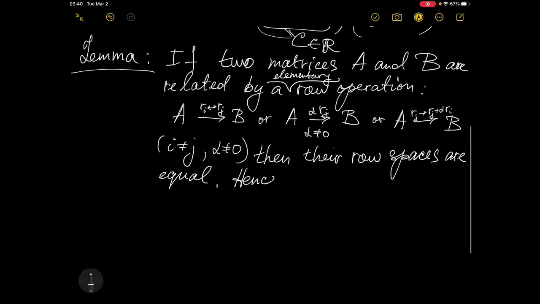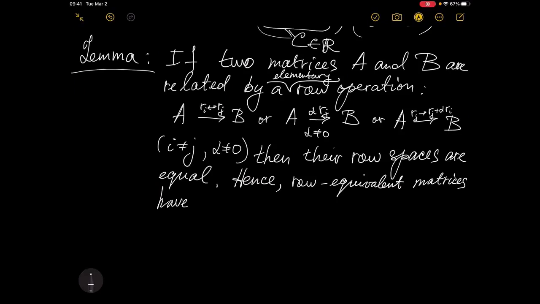Hence, row equivalent matrices have the same row space and therefore the same row rank.